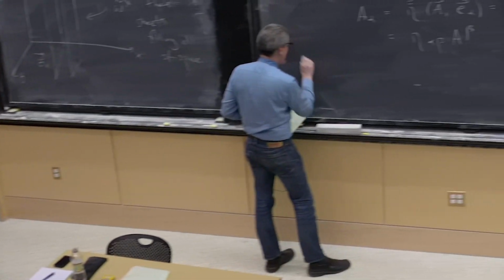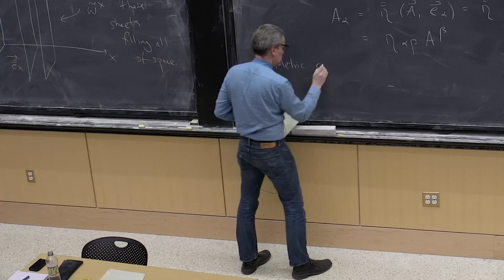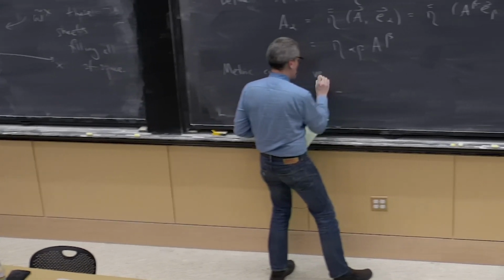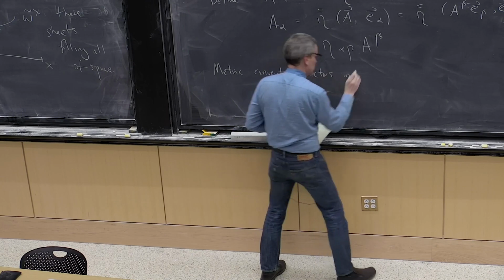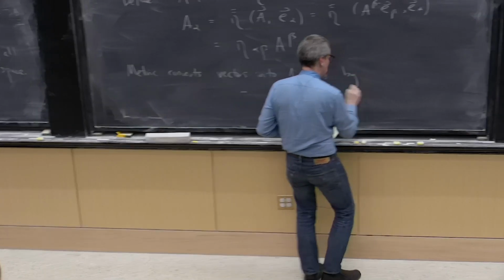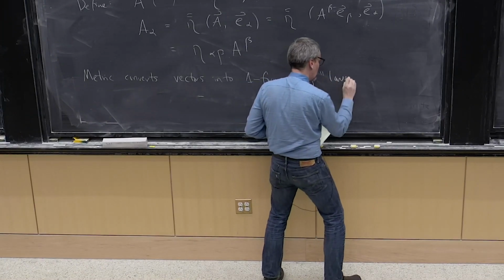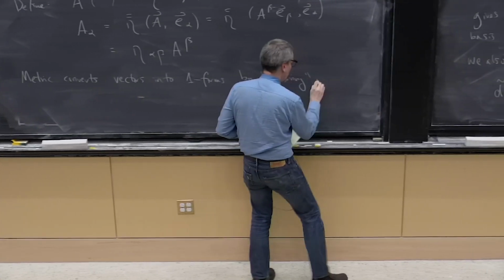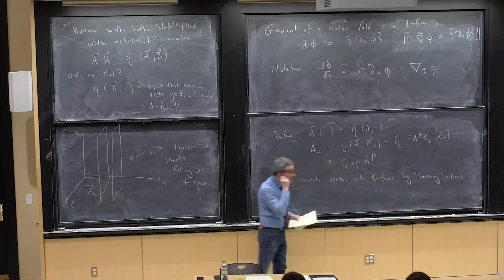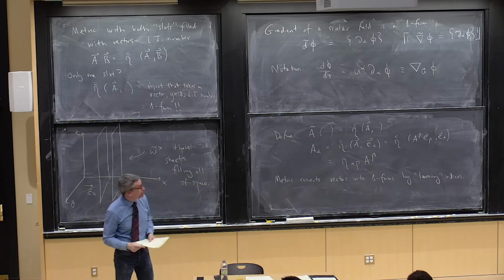In other words, the metric converts vectors into one-forms by lowering the indices. Okay, this is an invertible procedure as well.